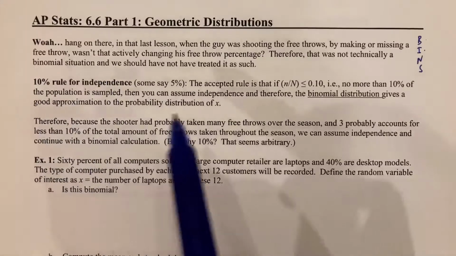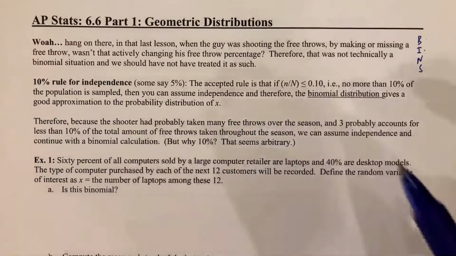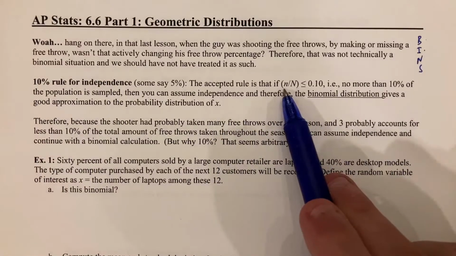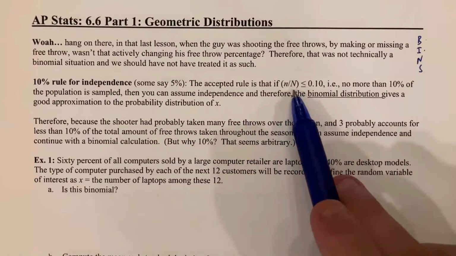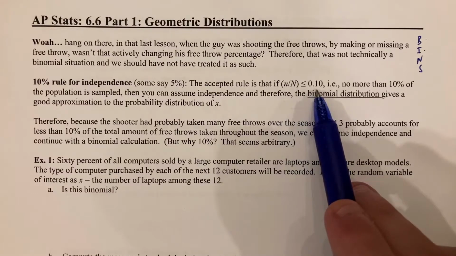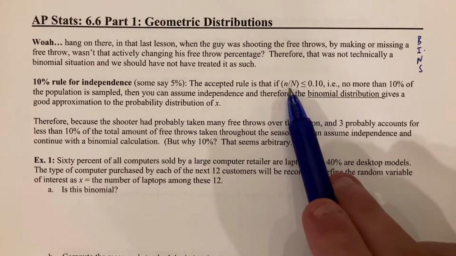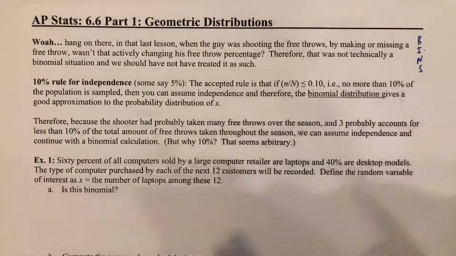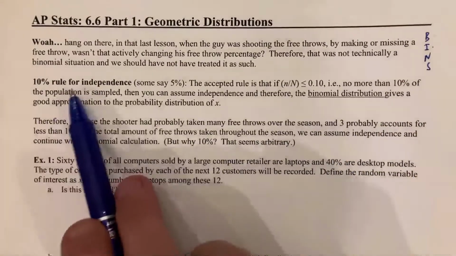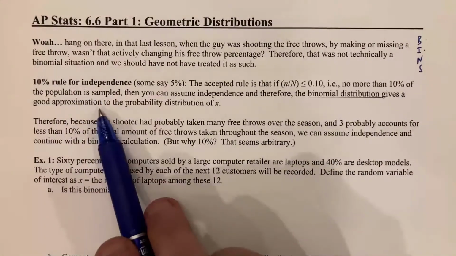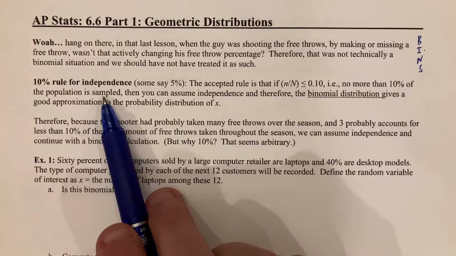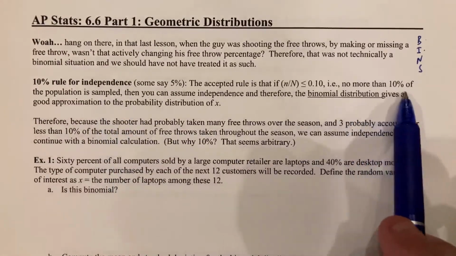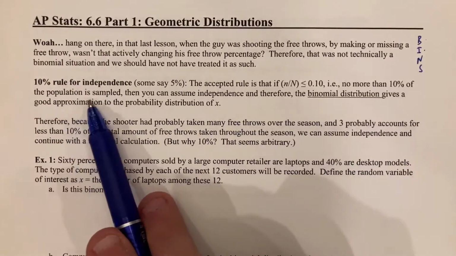But the accepted rule is that if the number in your trial divided by the total number in the population is less than 10%, that means if your n is less than 10% of what is going on overall, then you can assume independence. That means the probability isn't going to be affected too much. No more than 10% of the population is sampled.